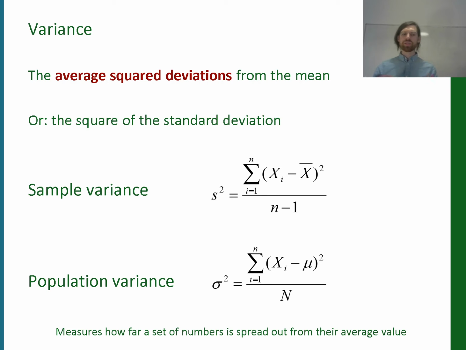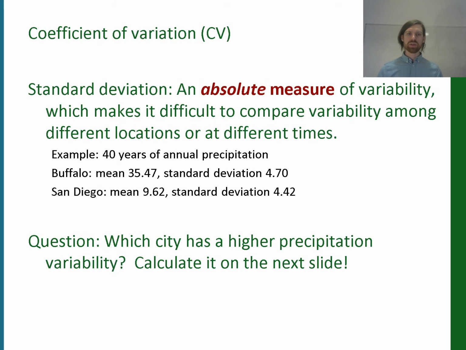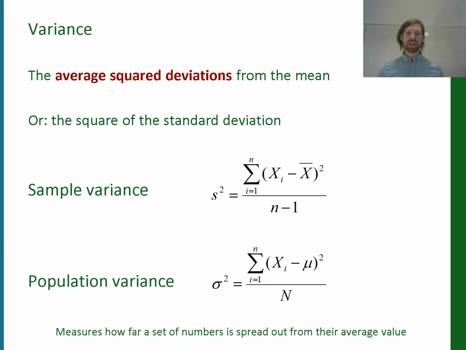Okay, and the point of the variance is just to basically understand the spread of those data points from the average value. And that previous measure here is actually an absolute measure. So that means that it's measured in the underlying data units, essentially.